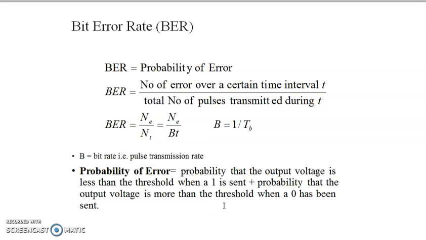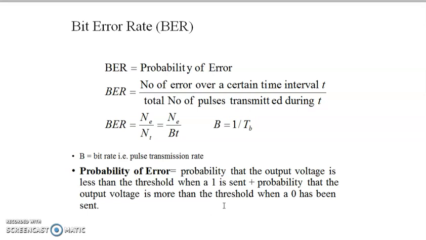Now there will be a deviation in the average value of the output voltage, and because of the deviation it causes various noise. Suppose that level or threshold value changes, then it is difficult to identify 1 and 0. So because of the deviation in the average value of the output voltage, various noise will be introduced, as well as interference from the adjacent pulses.